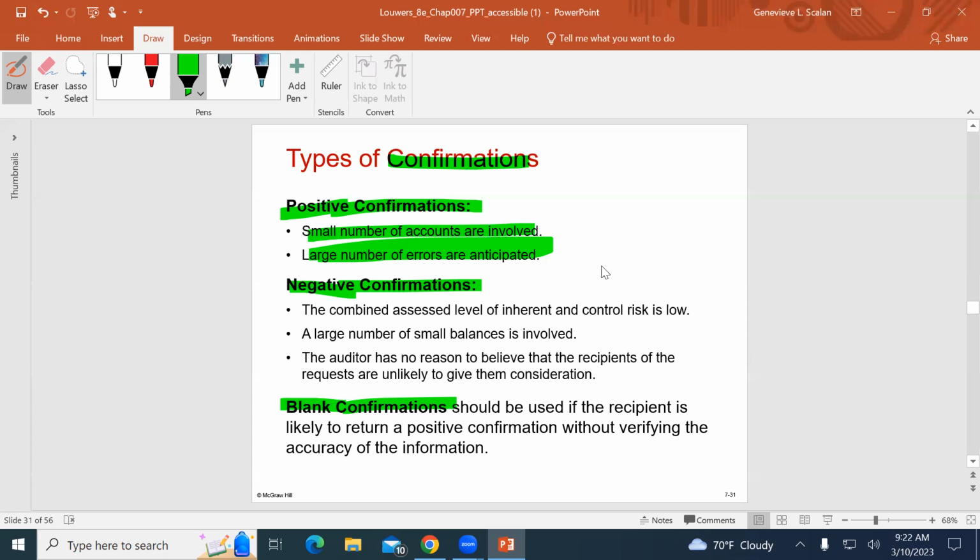For positive confirmation, please respond yes or no. For negative confirmation, only respond if it's no. Blank confirmation is: tell us how much you owe our client. So you're relying on that customer to look at the confirmation, maybe look at their statement with your client, and then say, oh, this is how much I owe. That's like the highest level of confirmation.